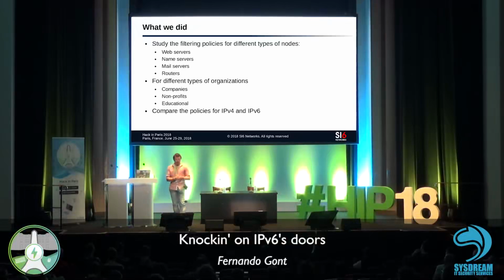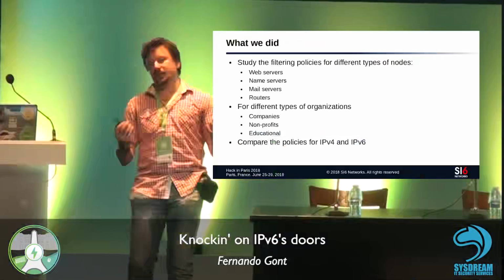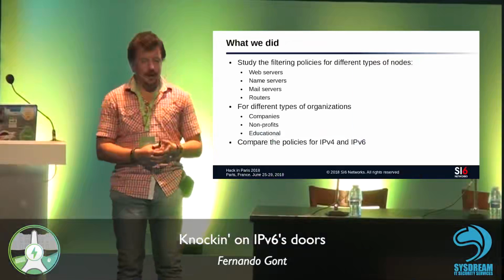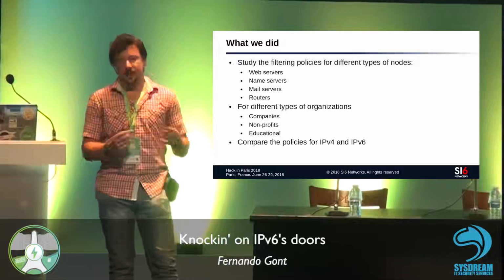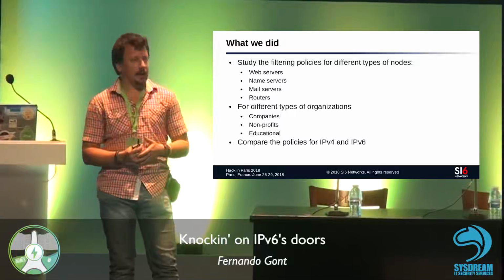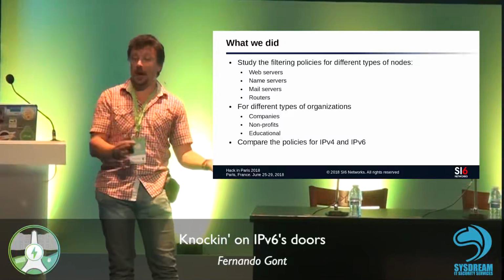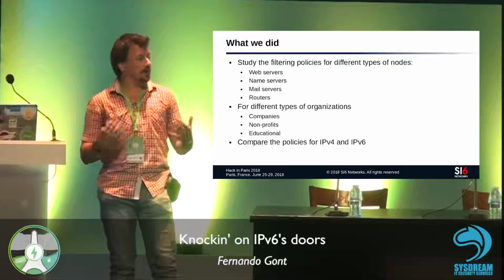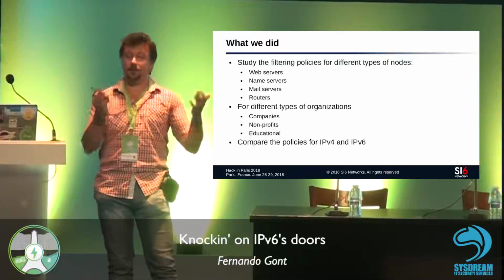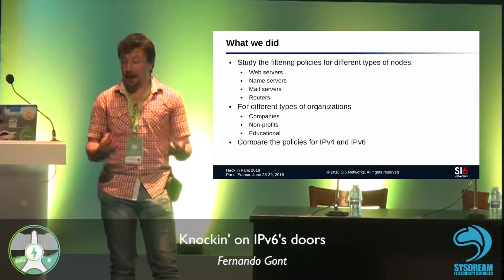Before I go forward with the experiment that we did specifically, let me mention that there were other studies before the one that we did, and essentially, if you want to summarize them quickly, the authors concluded that when you compare IPv6 systems or networks with IPv4 ones, usually the filtering policies in IPv6 systems and networks are more relaxed.